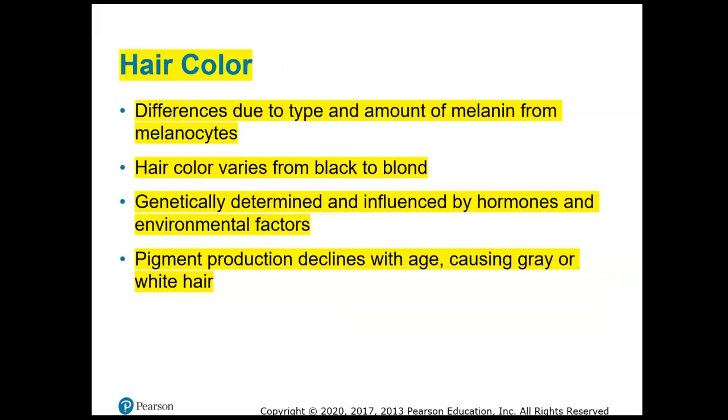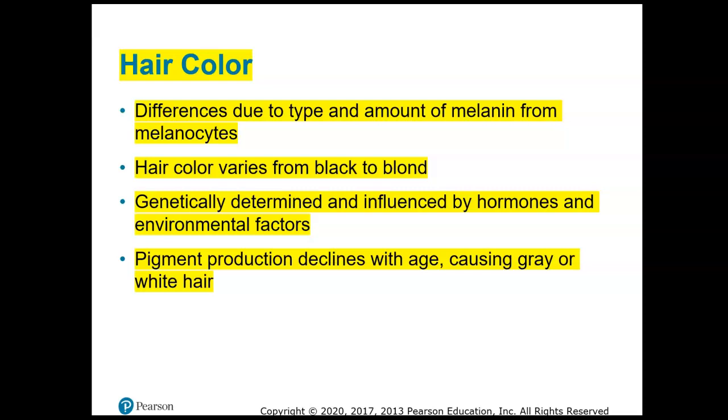As far as hair color, it's determined by the amount of melanin and the type of melanin, because remember there's a brown-black melanin, and then there's a red-yellow melanin. Blonde hair is going to have more of the red-yellow melanin, and darker hair is going to have more of the black-brown. And then you have other shades, like the red shade of hair.